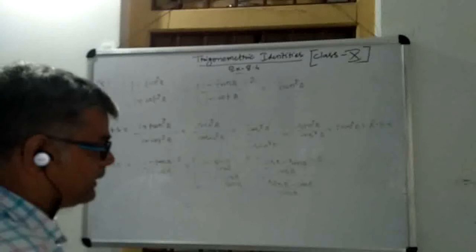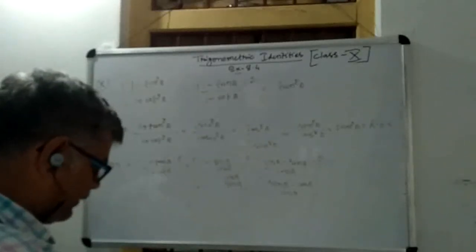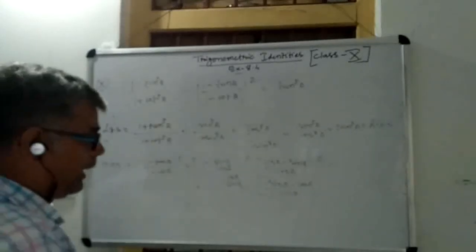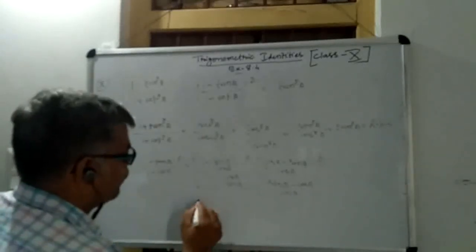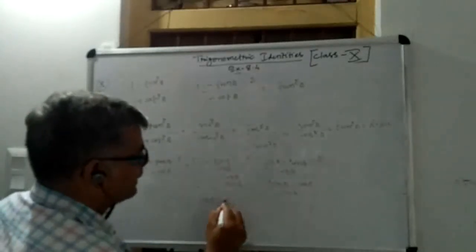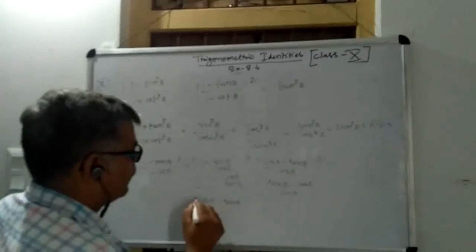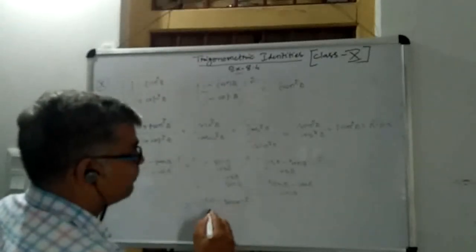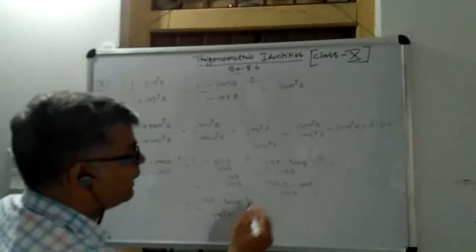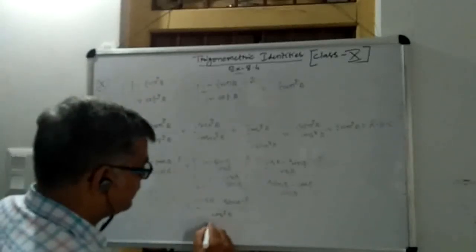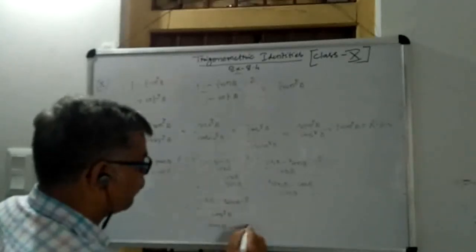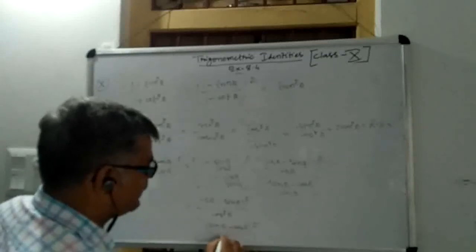You can write cos A minus sin A whole square by cos square A, and here you can write sin A minus cos A whole square by sin square A.